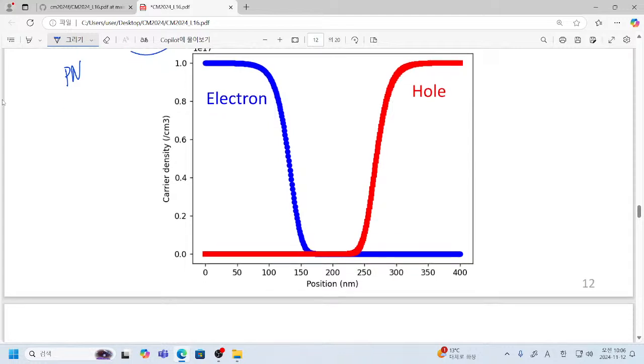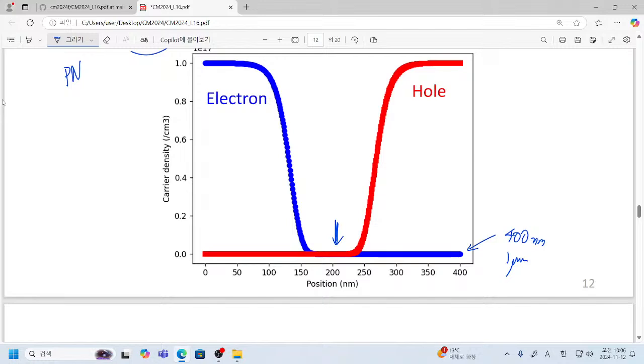And the metallurgical junction is placed at 200 nanometer in this position and set 400 nanometer as the entire simulation domain. Of course, if you wanted to have a bigger one, so instead of 400, 1 micrometer, yeah, that doesn't matter.